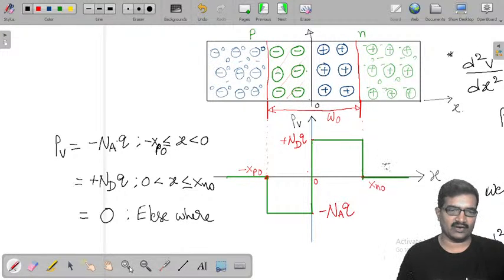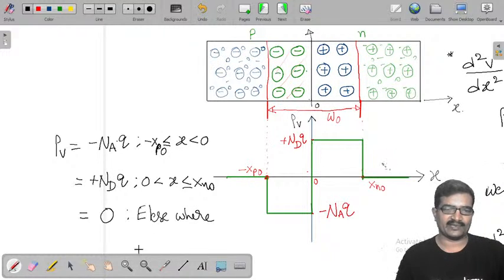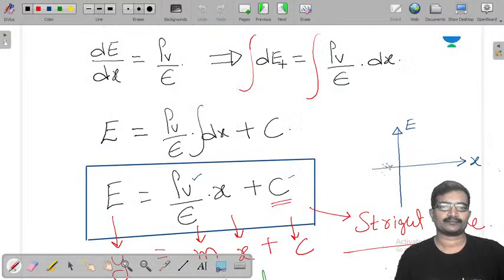Now I'm taking this rho v value and substituting it in the equation of electric field, and I'm going to get the complete equation for electric field. So this is the equation for electric field: E is equal to rho v by epsilon into x plus c.